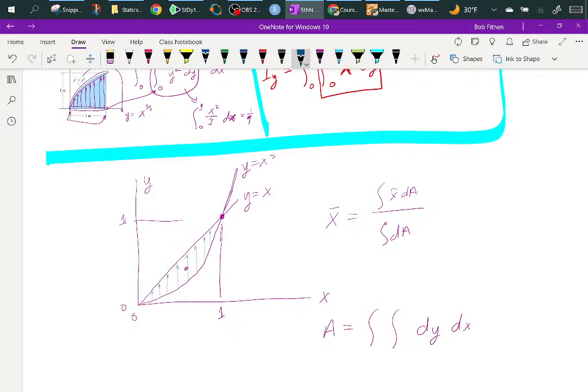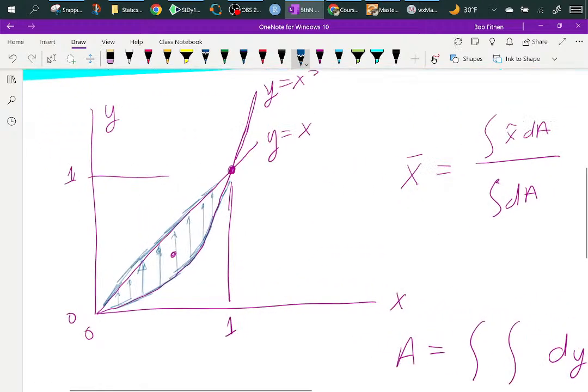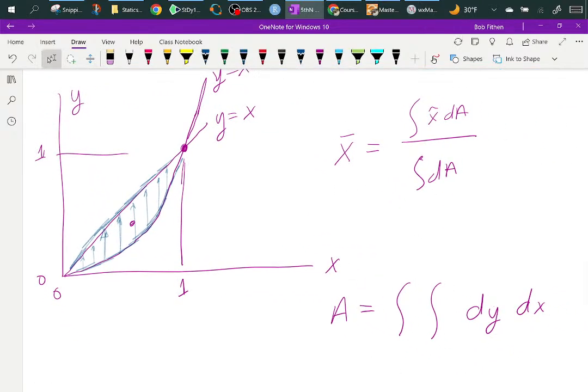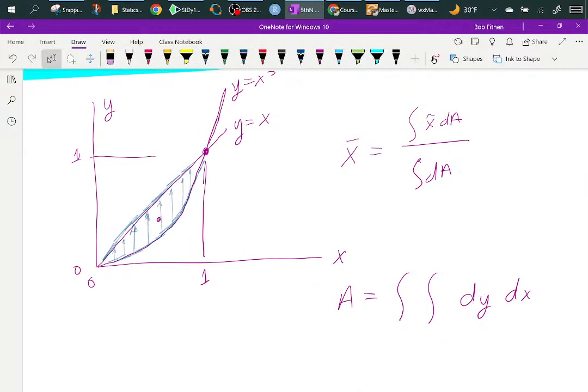Here's what I mean. I'm sweeping from here to here, up y. This is the lower limit of my sweeping, and here's the upper limit of my sweeping. Okay? So if I look at this thing real close, I'm going to end up with a situation where I have swept from the lower limit.